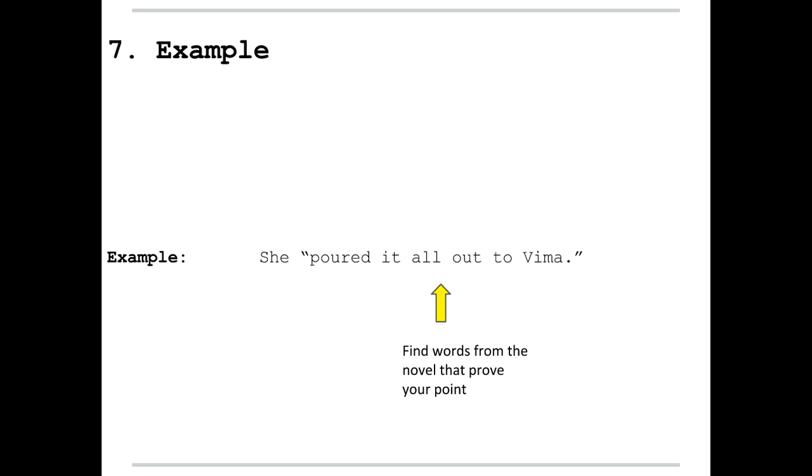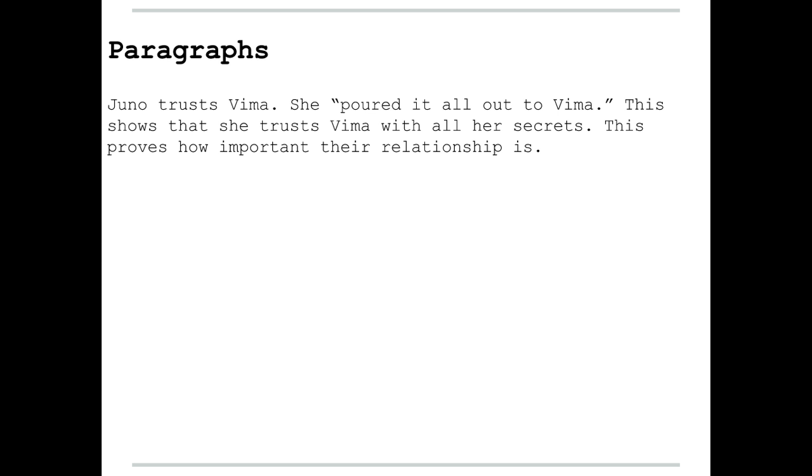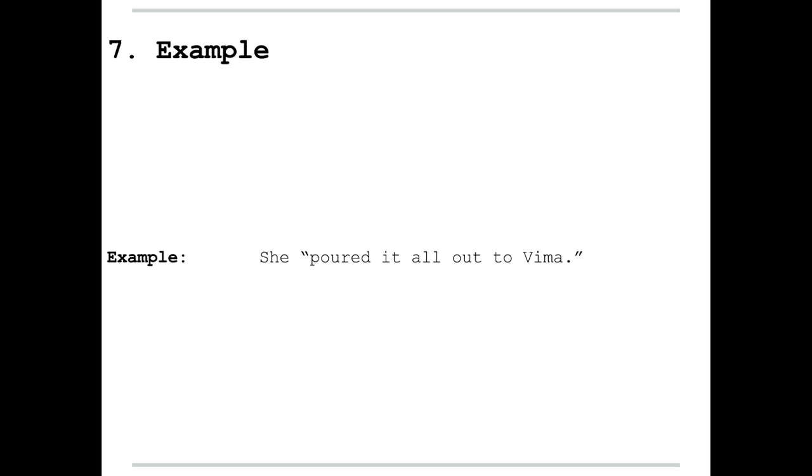So remember, in this paragraph, my topic sentence is Juno trusts Vima. So you've got to find some words in the novel that actually prove that she trusts Vima. Here you can see the fact that she's pouring it all out to Vima, telling her everything, shows that she trusts her completely.